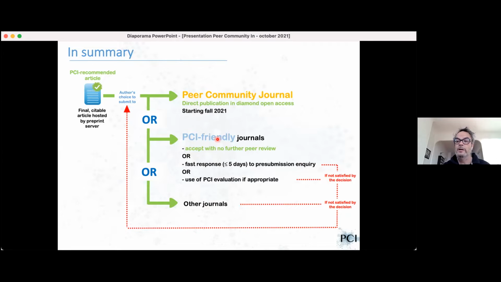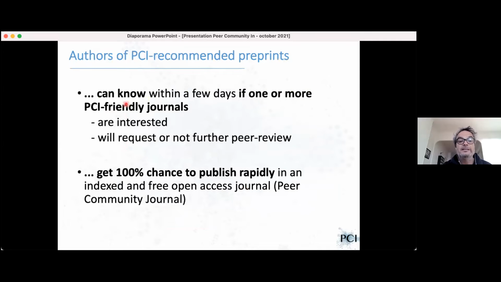This is the important point: you have a single evaluation procedure, but you can try many journals with it. So as an author, you can know within a few days if one or more PCI-friendly journals are interested in your article and if they will request further peer reviews or not. And you will get a 100% chance to rapidly publish your article in an indexed, free, open journal, because there is this possibility of publishing in Peer Community Journal, okay?